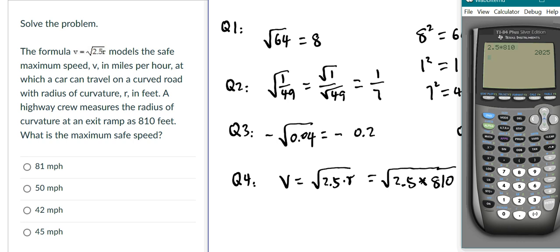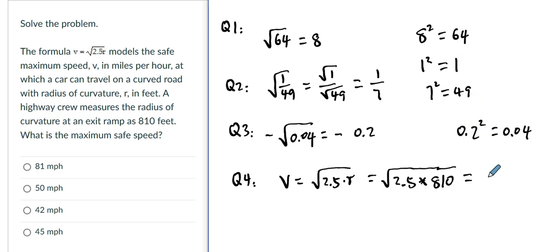And then we take the square root, and we hit this arrow up and then choose 0.5. You hit enter. So it's 45. Okay. So the answer is 45. So here then would be 45 miles per hour, the last one.